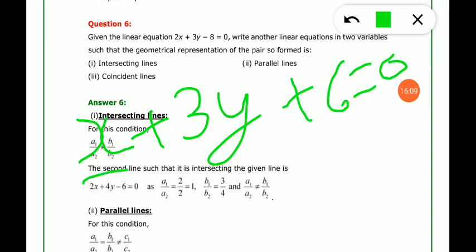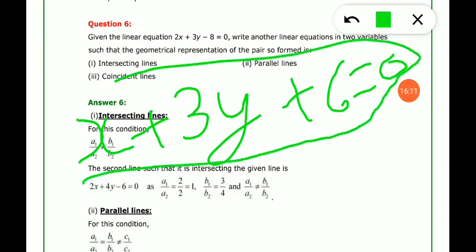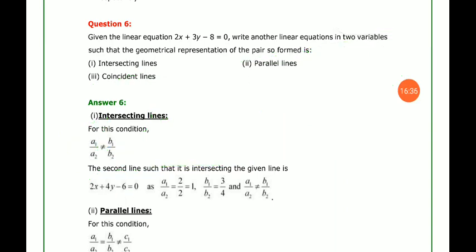This is the equation of the line which I have made. Similarly, you can make another equation also, and in the solution they have made the equation 2x plus 4y minus 6 is equal to 0. So this question can have many answers. It depends on which numbers we are choosing. This is for the first part.